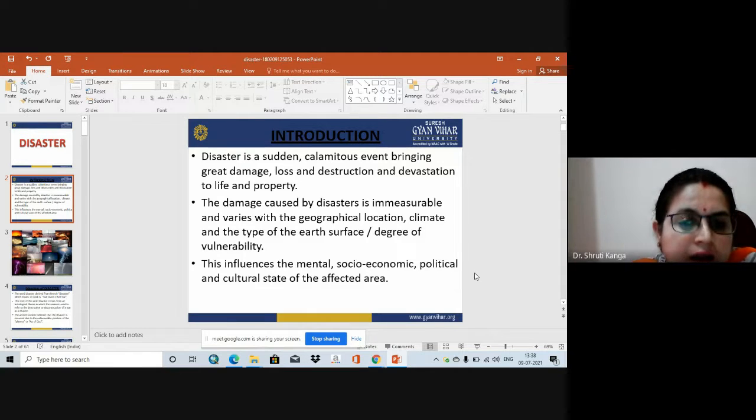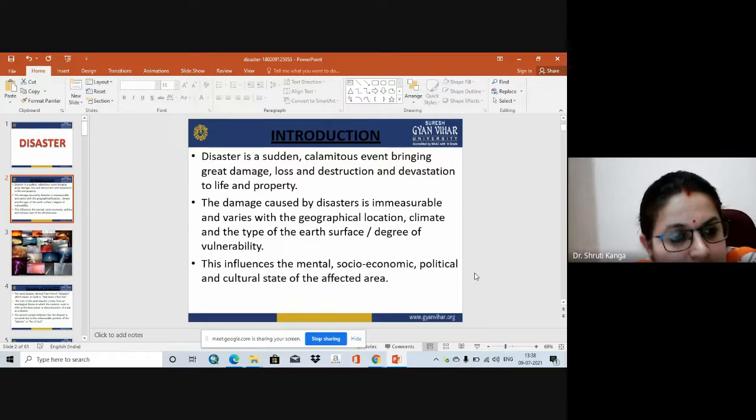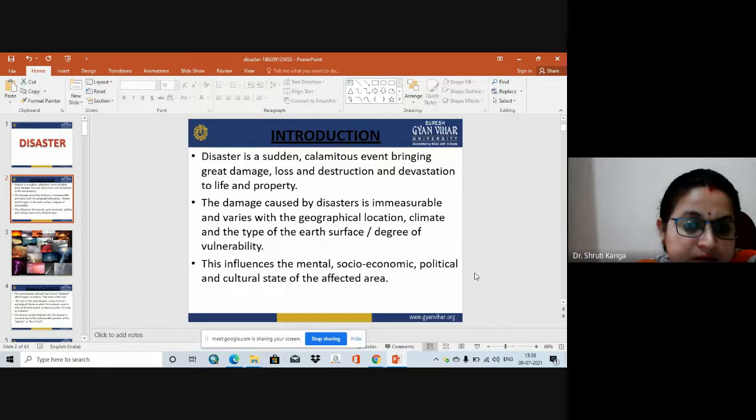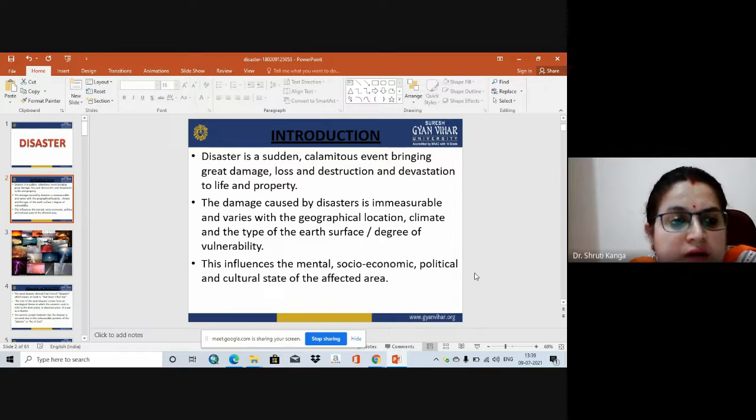immeasurable, and it varies with the geographic locations of areas, the climate of a particular area, the type of earth surface and the vulnerability. In your geography you have gone through different subjects, like basic environmental studies and basic climatology.